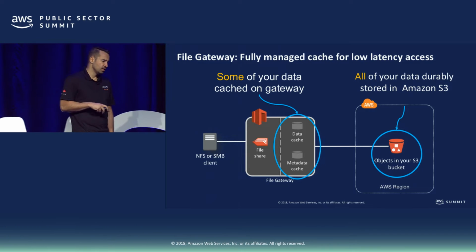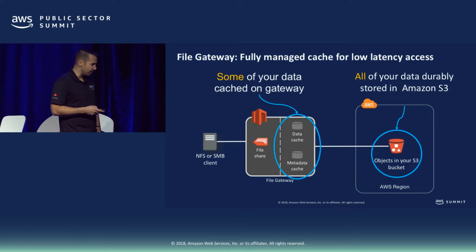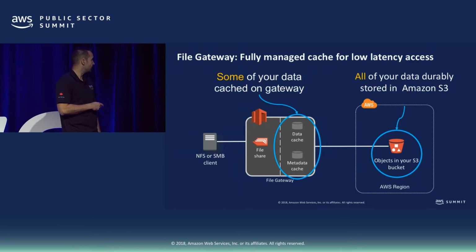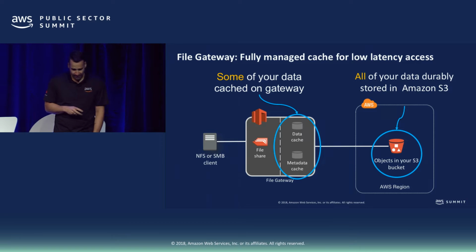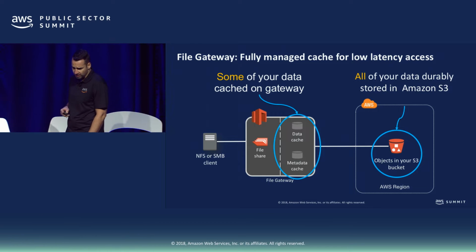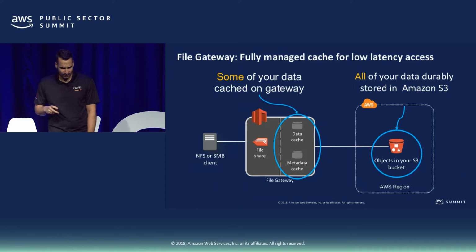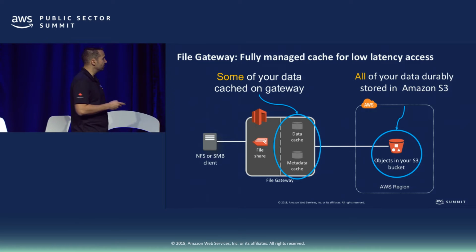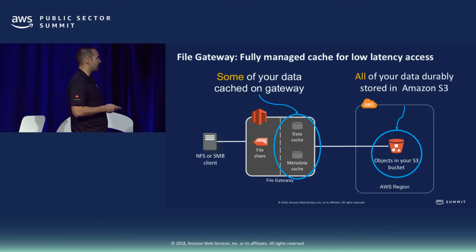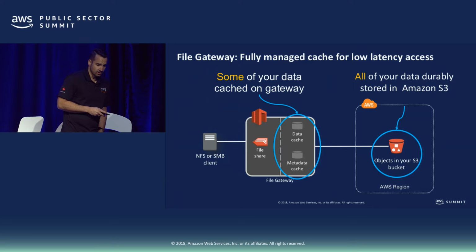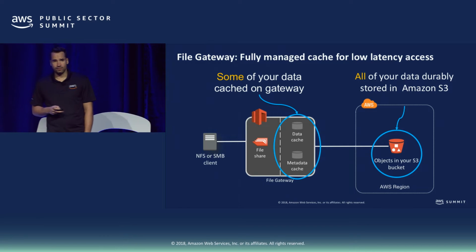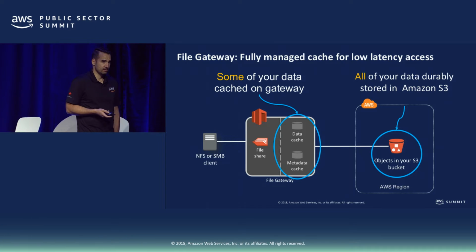I mentioned that you're going to be creating a file share, presenting it to the NFS or SMB client. And on the back end, I mentioned that we're going to have the S3 bucket. That S3 bucket is, for all intents and purposes, infinite.